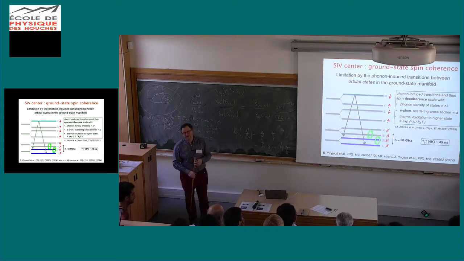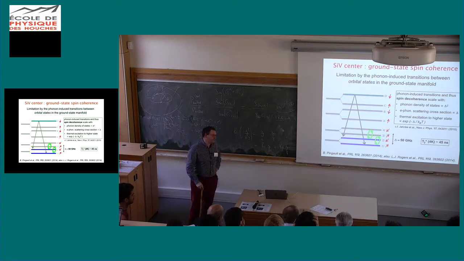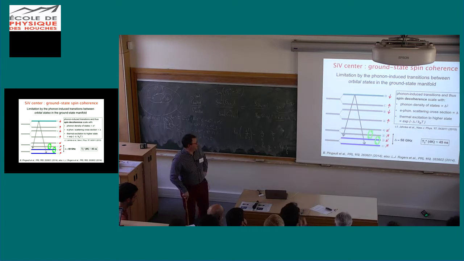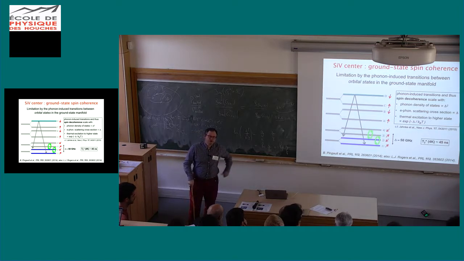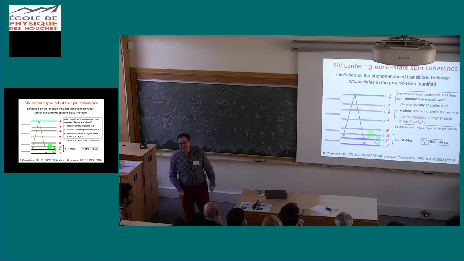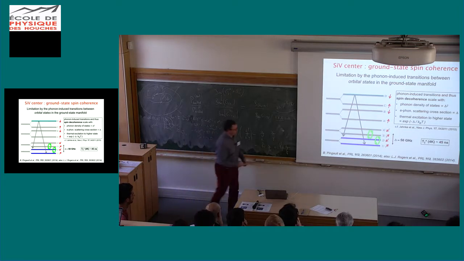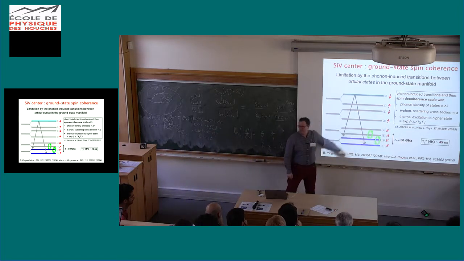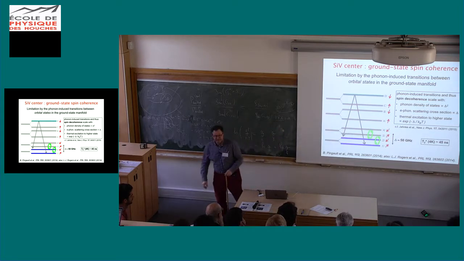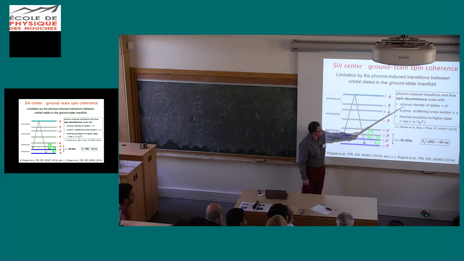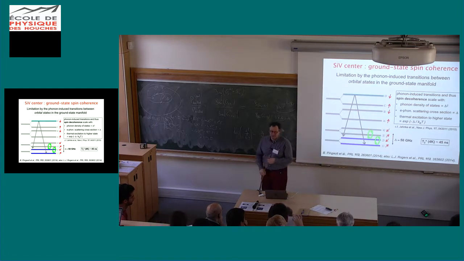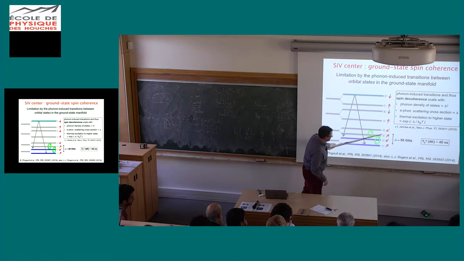So if you want to use this effect, for instance, to make any kind of system where you want to store a photon using the CPT effect, this is not very good. It means that your storage time will be limited to that before a phonon comes and destroys it. Basically, the spin decoherence scales as the phonon density squared. Again, we simply apply Fermi's golden rule, like what Jean-Jacques explained.